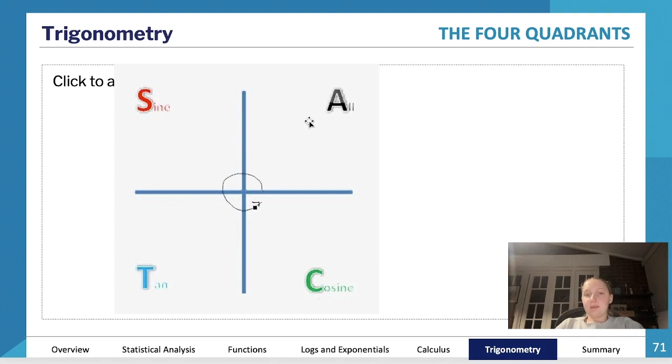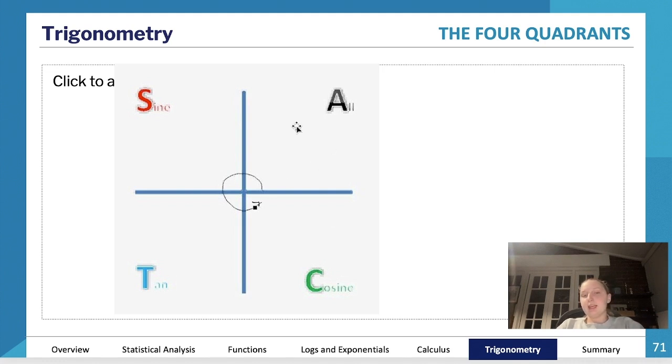Essentially what this A means is that in this quadrant, all 3 of your trigonometric ratios are positive. In this quadrant, only the sine ratio is going to be positive. In this quadrant, only tan is going to be positive. And in this quadrant, only cos is going to be positive.